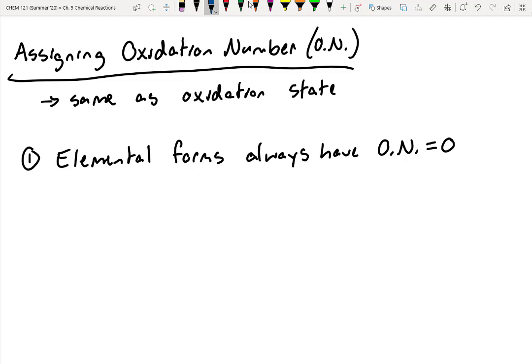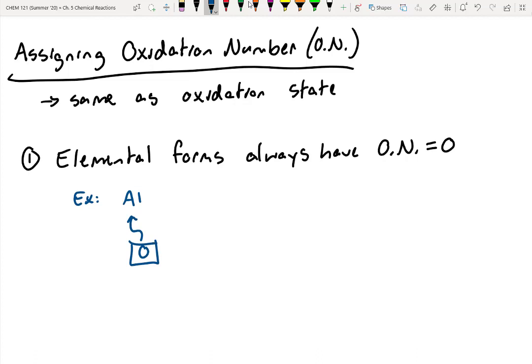So let's take a look at some examples of this. So let's say I have a reactant and it's just aluminum metal, right? So the elemental symbol for aluminum is Al. Well, that means that the oxidation number for aluminum is just going to be 0, right? Because it's elemental, it's by itself, it's just aluminum.